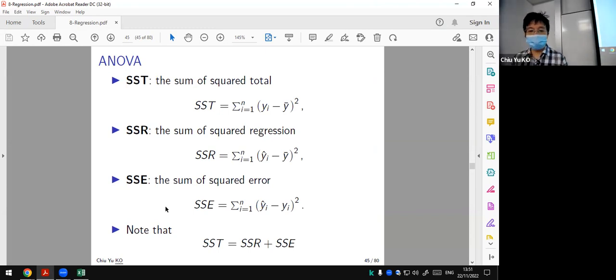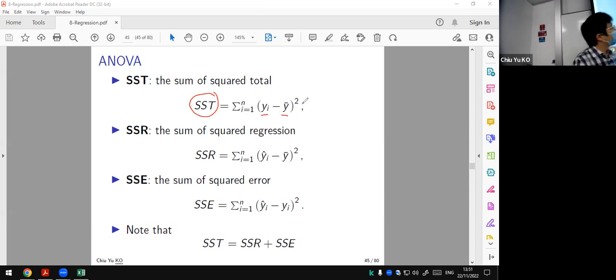Later you will see what we're actually doing. The first one is looking at the SST, which is the standard way we do. Just look at all the data Y, subtract its own mean and square. You just subtract and square.